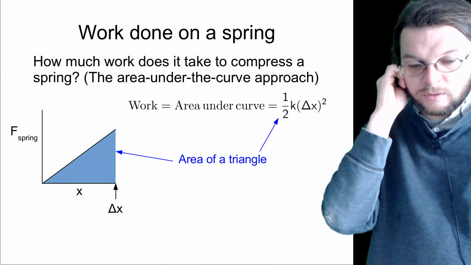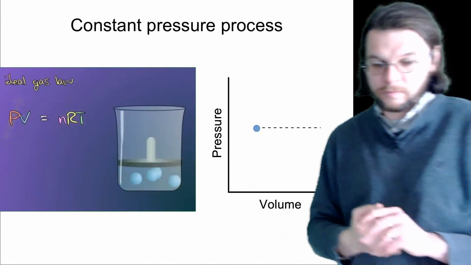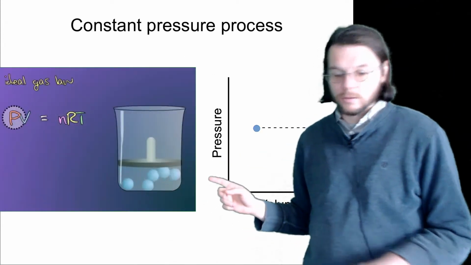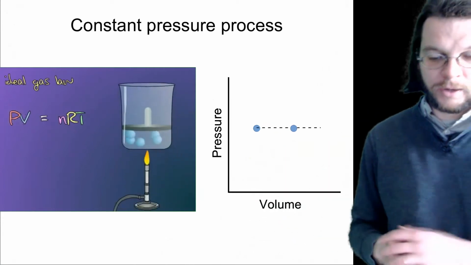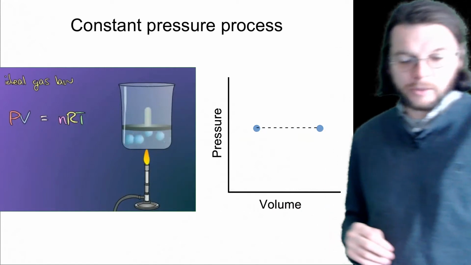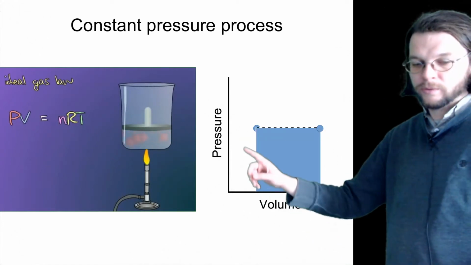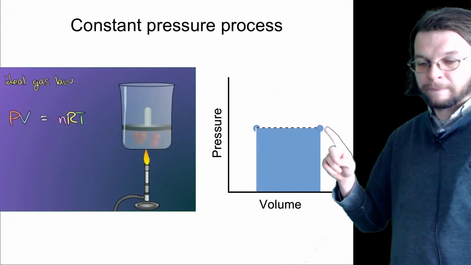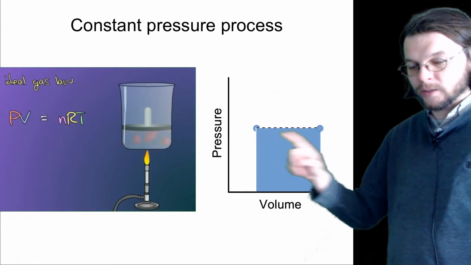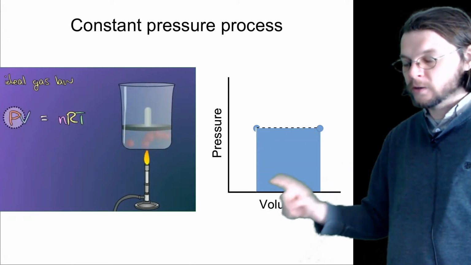So when I take the same approach with these thermodynamic processes, it turns out that the area under the curve of the pressure-volume plot can tell me how much work is done. So if I have a constant pressure process going from here to here, it's constant pressure, so that's not so interesting, but the volume is definitely changing.